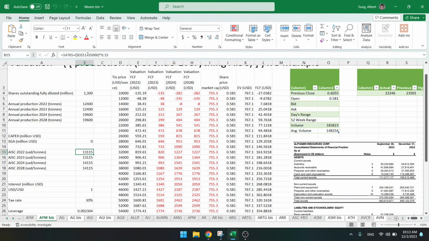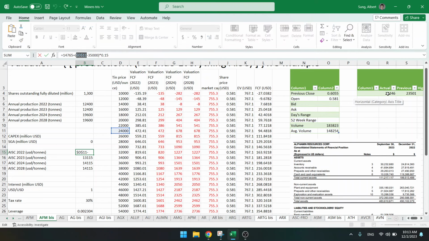We now can use the current tin price from here.